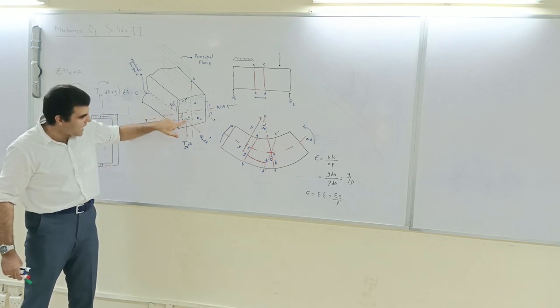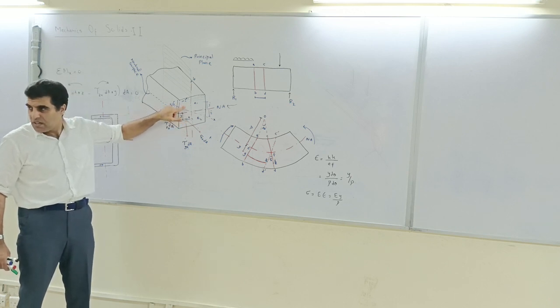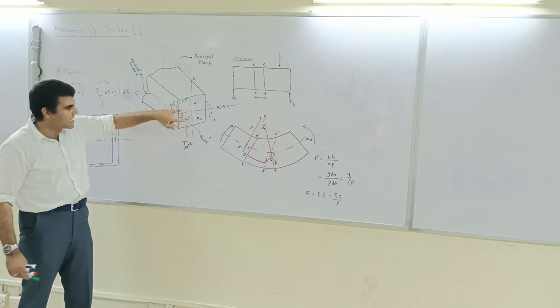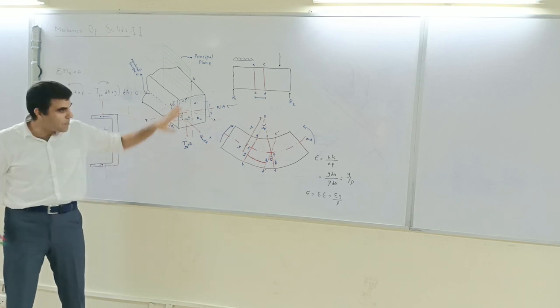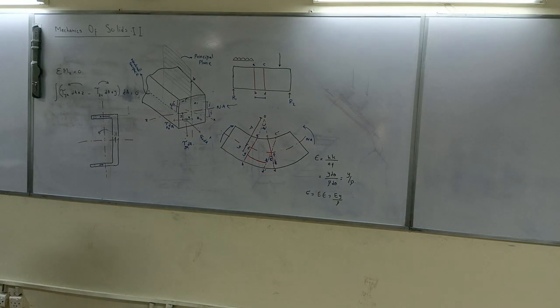Respect the signs of the lever arms, and then we will get the moment equal to 0. So the rectangular section is a symmetrical section and there is no issue of twisting.